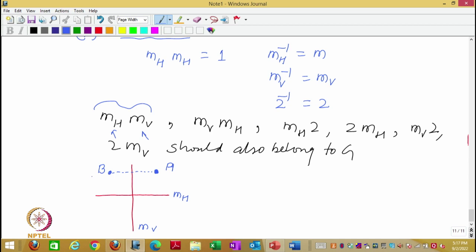Now, although it is a point, we have to keep in mind that reflection changes the so called chirality, that is handedness. Reflection will change a left handed coordinate system to a right handed coordinate system.